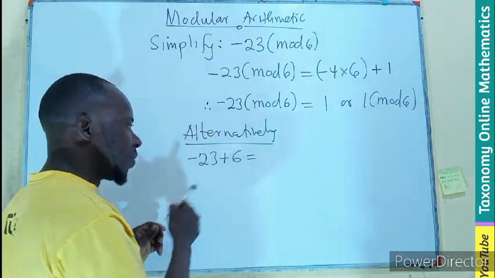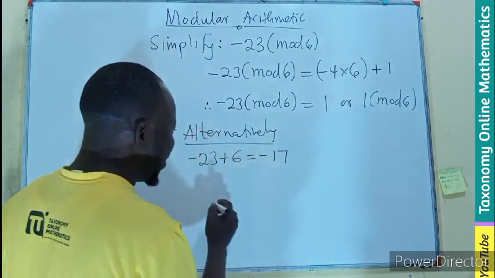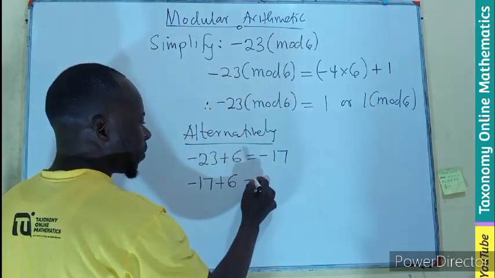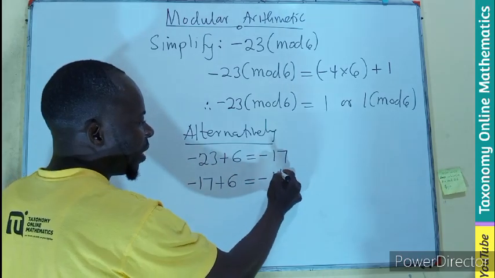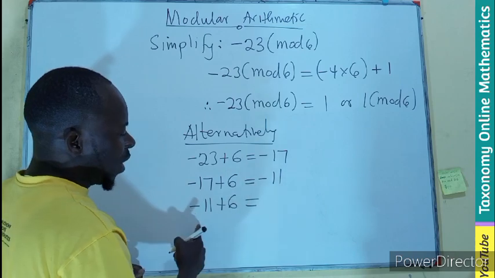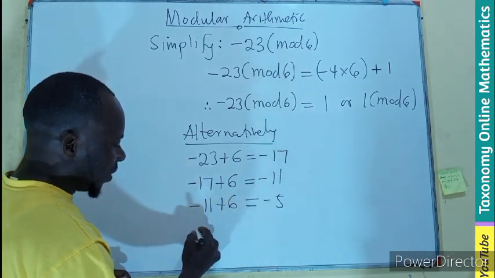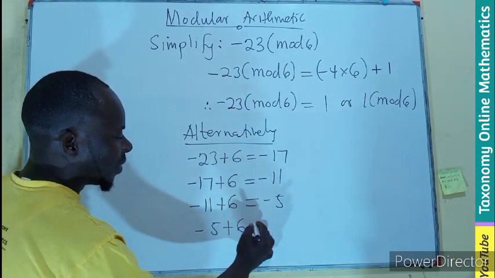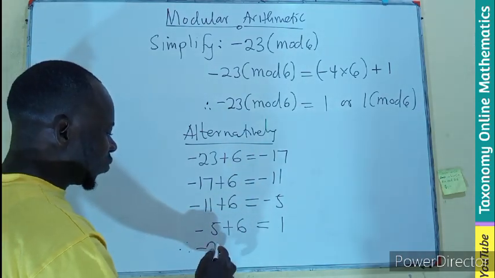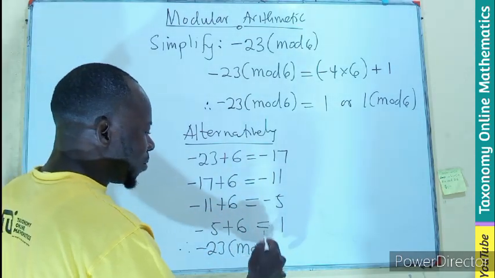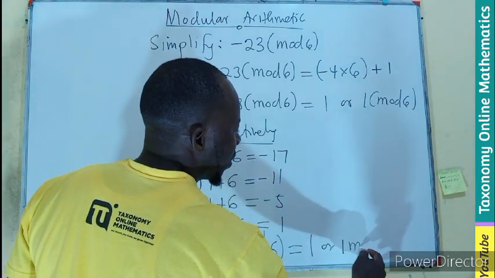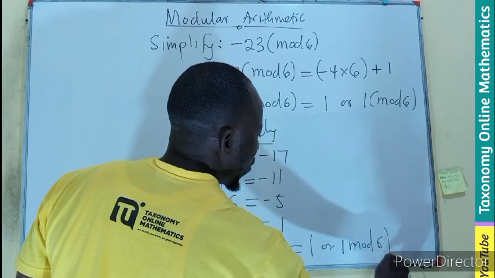Negative 17 plus the modulus again will be negative 11. Negative 11 plus 6 will be negative 5. Negative 5 plus 6 will be 1. So here we can see minus 23 in the mod of 6 will be 1.